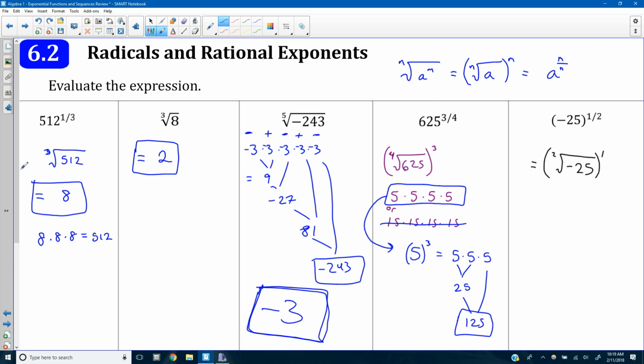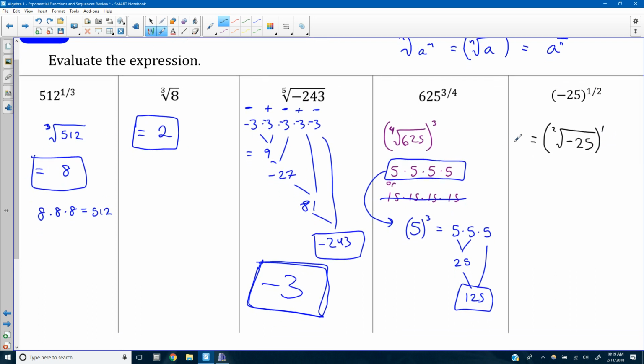But you should already know at this point, from exploring exponentiation, that anything to the first power is just that thing, so this 1 can technically go away. And probably just for good practice, when they write square root, they tend to not write this 2. So that can technically go away as well. And now the parentheses aren't needed, so we're really just looking at the square root of negative 25.